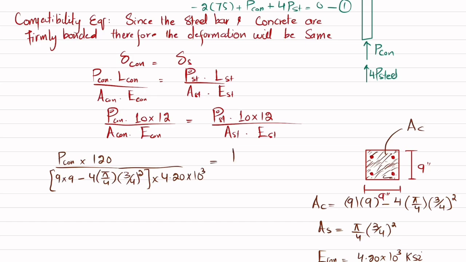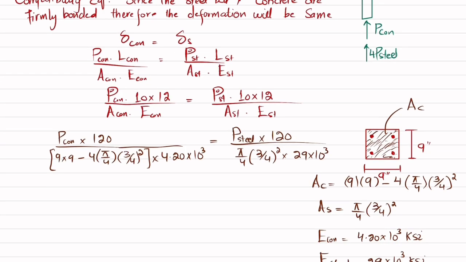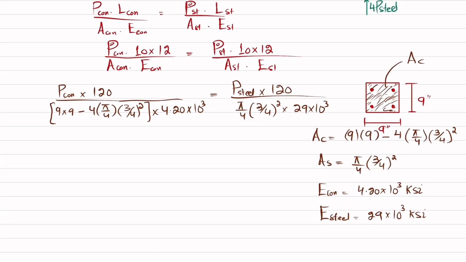And that will be equal to P of steel multiplied by 120 divided by area of steel, which is pi by 4 d square, where d is 3 by 4, into E, which is 29 into 10 raised to power 3. When you calculate it, you will get P of concrete equal to 25.974 P of steel. This is your equation number 2.